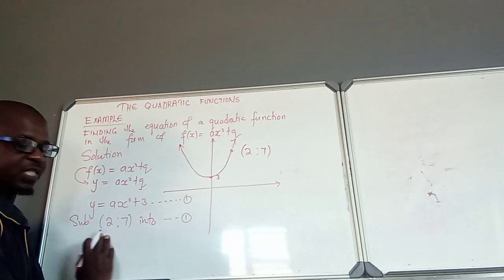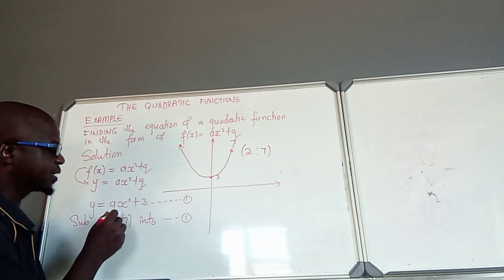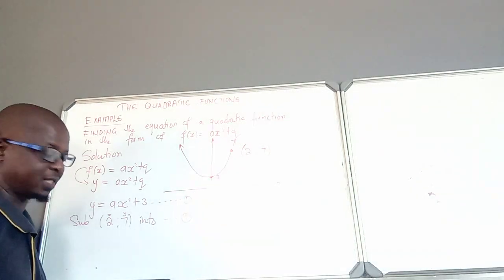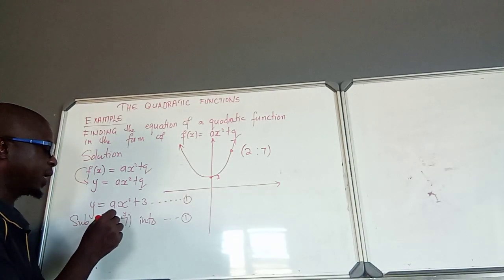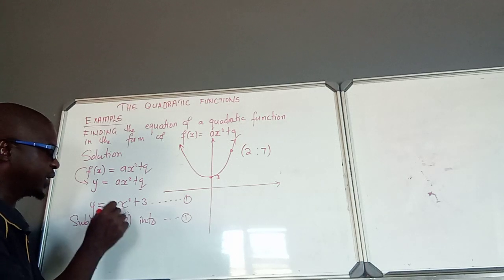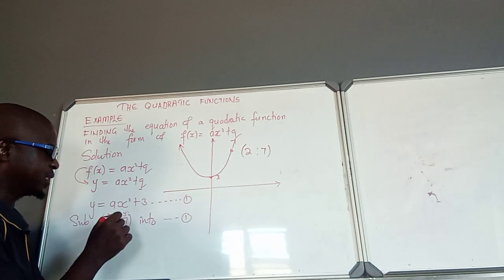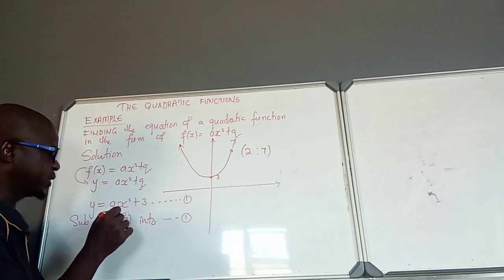When we have a coordinate like this, we know that the first value represents our x and the second represents our y. So my y is 7, and I'll put the 7 here because I'm told that y is 7.